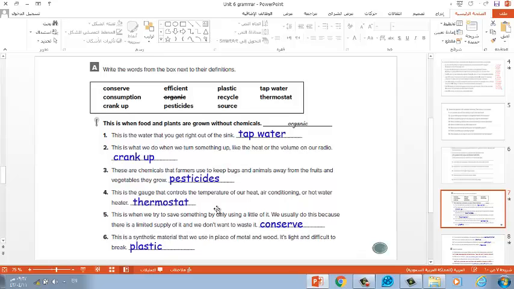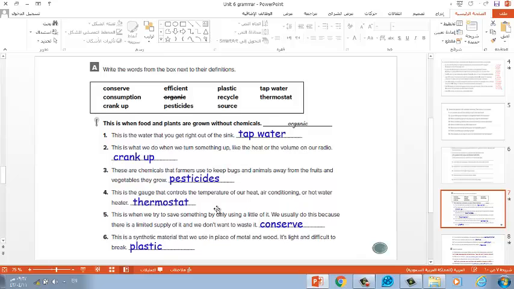This is the water you get right out of the sink. Of course, it's the tap water. This is what we do when we turn something up, like the heat or the volume on our radio. We crank up. Now, these are chemicals that farmers use to keep bugs and animals away from the fruits and vegetables they grow. These substances are called pesticides. Pesticides means chemical substances that fight insects.